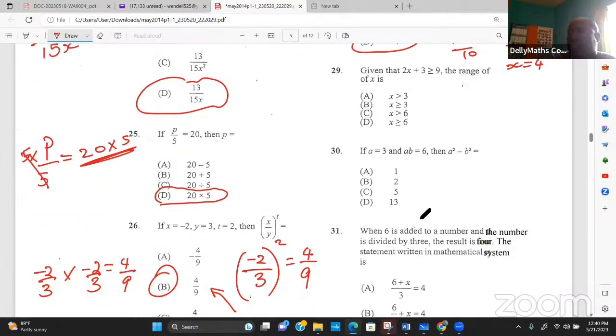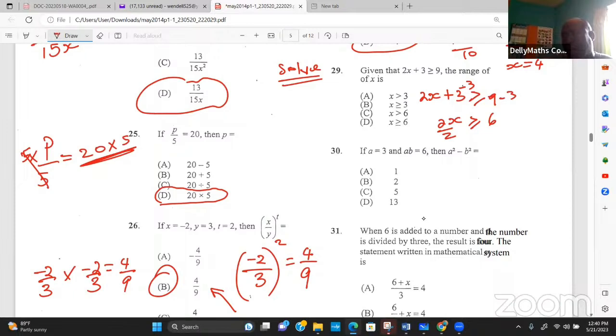Given that 2x plus 3 is greater than or equal to 9, the range of x is what? All you have to do is solve this. Just solve it. And then you interpret. So 2x plus 3 is greater than or equal to 9. I'm going to minus 3 from both sides. So I'm left with 2x is greater than or equal to 6.